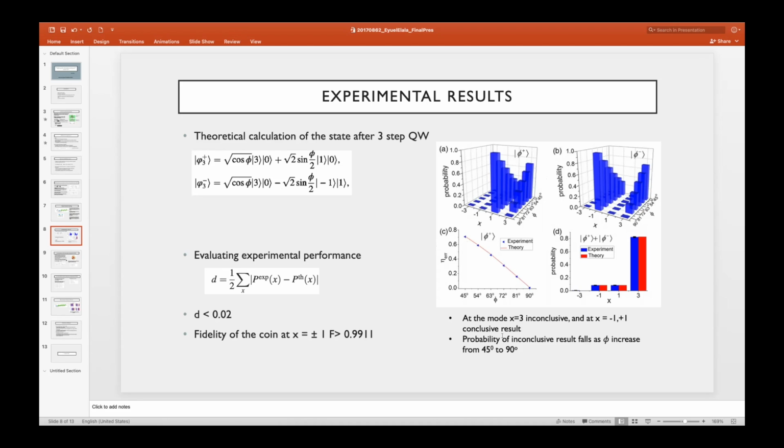So the experimental and theory verification was satisfactory, and the results were accurate. To evaluate the experimental performance of this setup, they used this metric, and it shows a really good agreement between the theoretical and the experimental results.